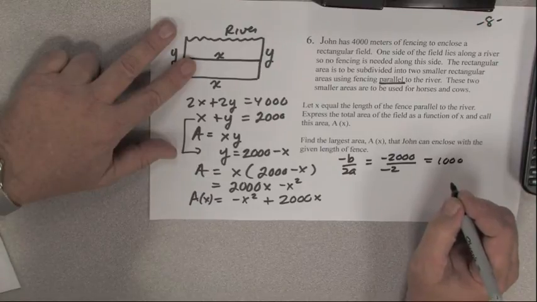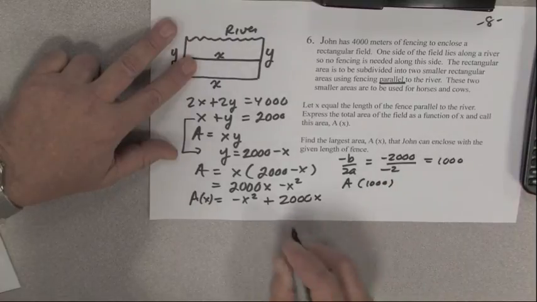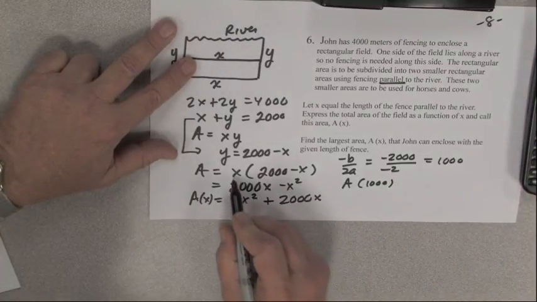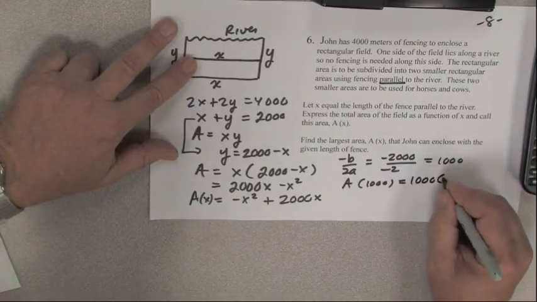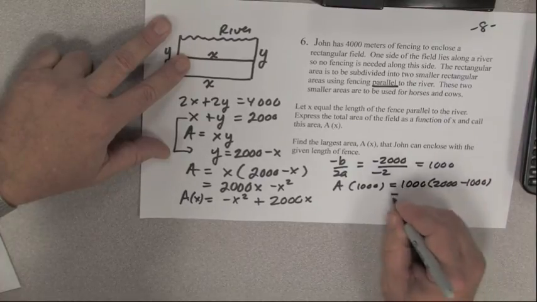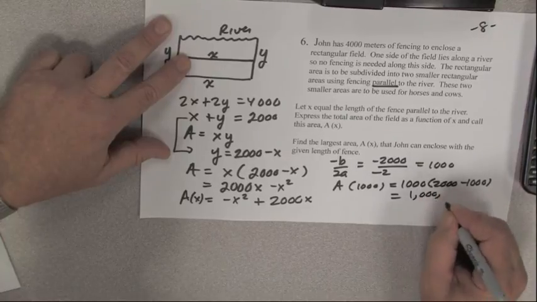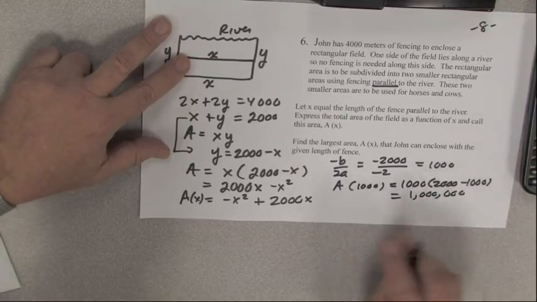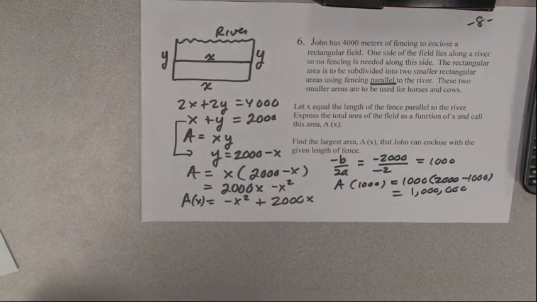Once we find out what x is, we can find the area. Instead of plugging it into this formula, we can substitute it into the formula above, and so the area of 1,000 is going to be 1,000 times 2,000 minus 1,000, and that's 1,000. 1,000 times 1,000 is 1,000,000. So we can enclose 1,000,000 square meters by this fence.